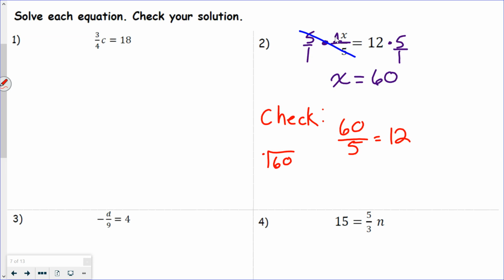Take 60 divided by 5. I'm correct. 12 equals 12. That's all I'm looking for when you're checking your work. You're rewriting the equation and you're finding out, did you do your math right the first time? Okay, especially with the negatives. That's a quick way to notice whether you forgot a negative or something else.